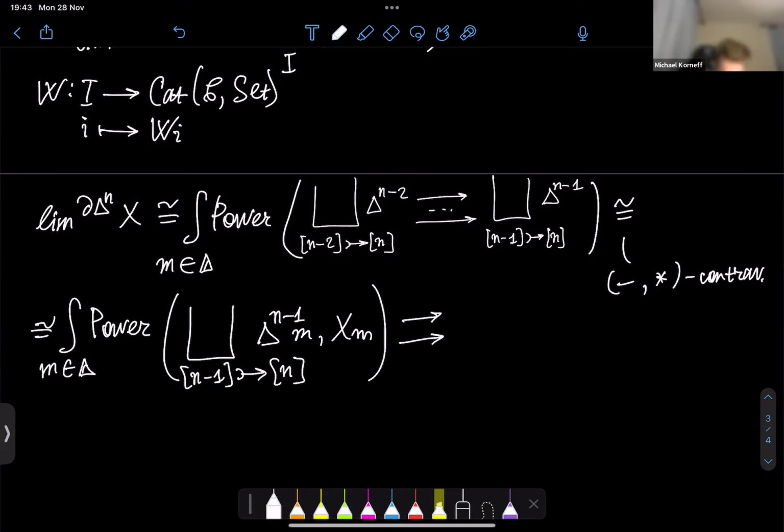And also we use the functoriality property of the quotient of ends. And now we have this thing.